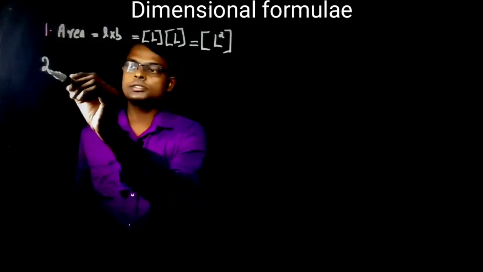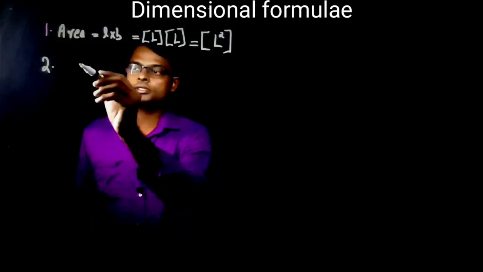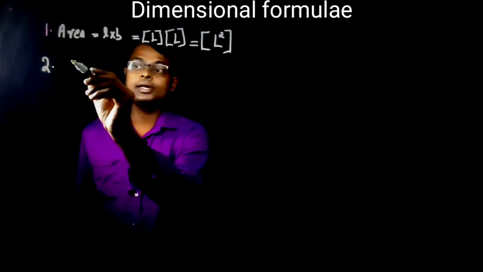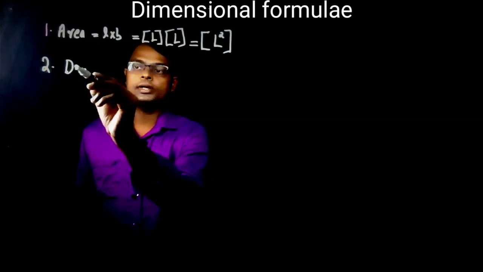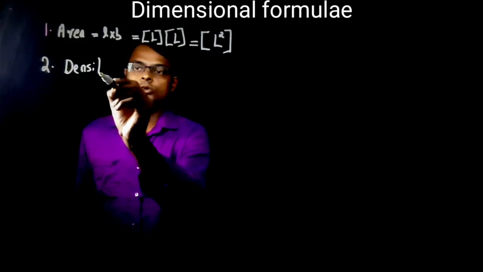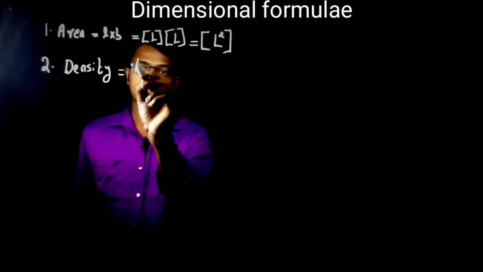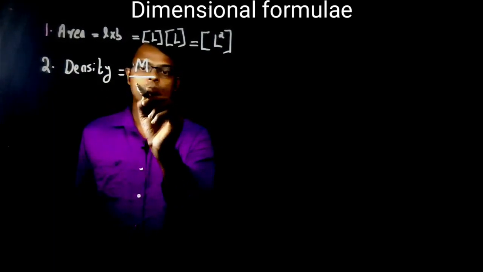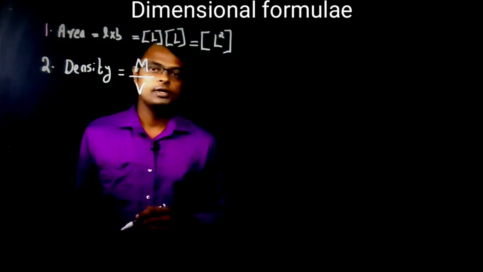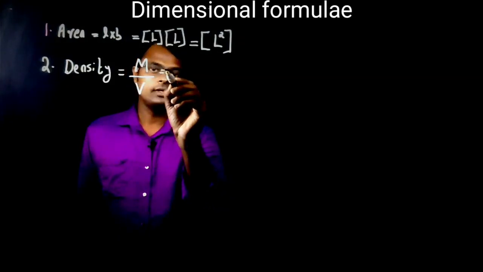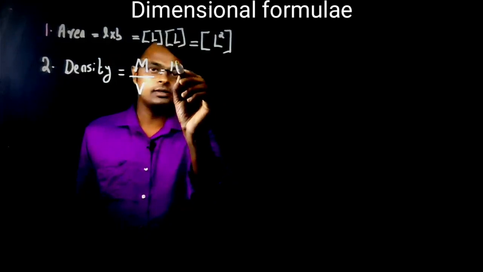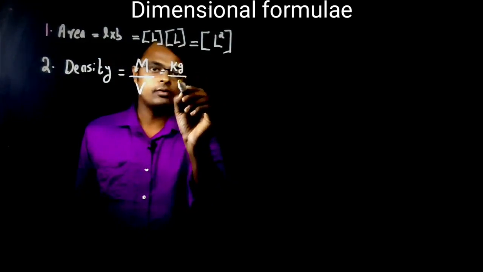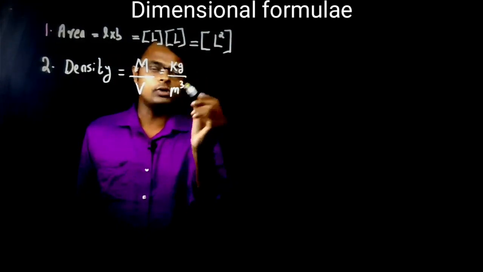Now let's discuss the second one, that is density, volume density. As you already know, density is equal to mass by volume. If you write the derived unit, we can write kilogram divided by meter cube.